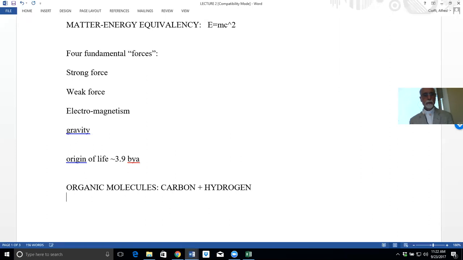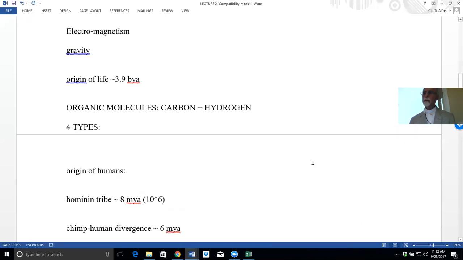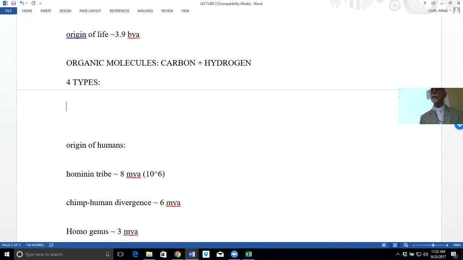Now, there are four types of organic molecules, also known as macromolecules, according to their composition. Okay, and we'll see how these start making sense. And we'll get more into them again in the environmental course next summer. But basically we have what?